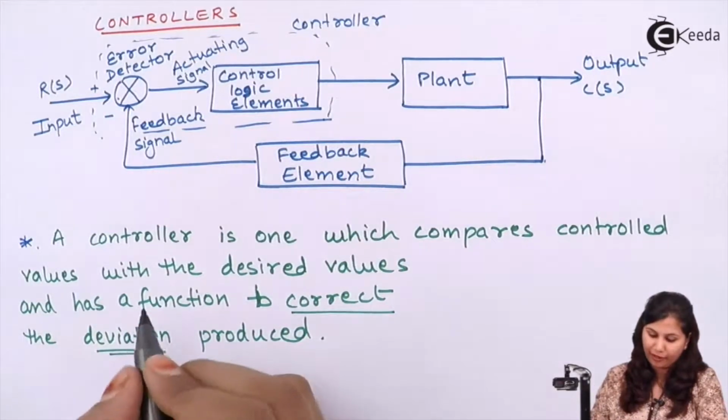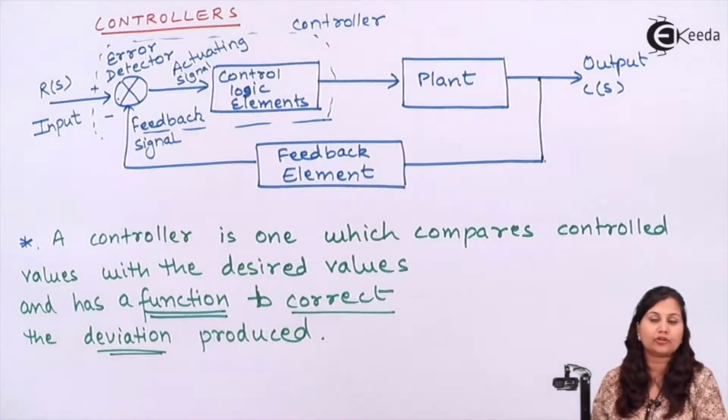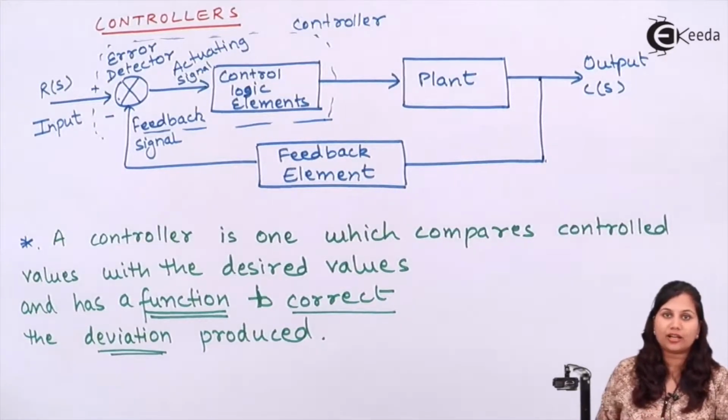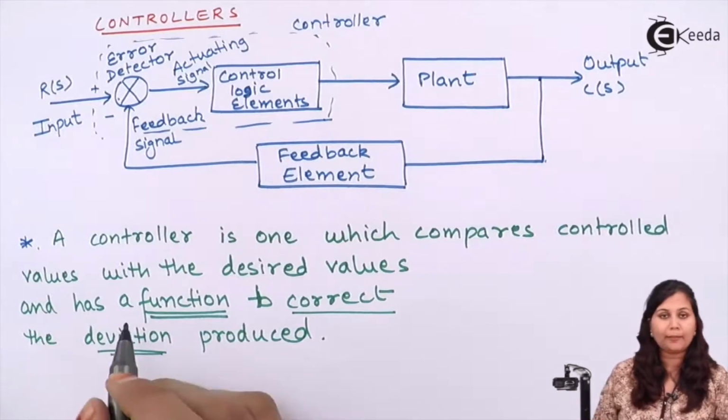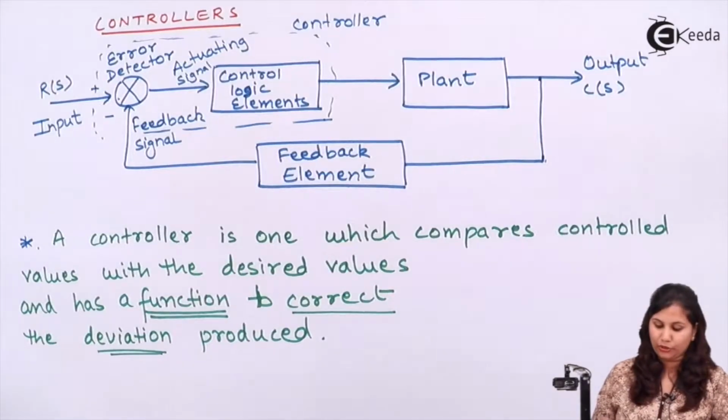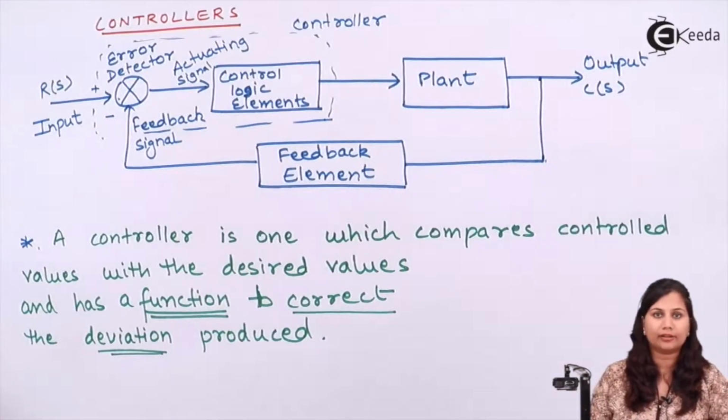This function can be different, so depending upon the function, there are various types of controllers. The controllers can be analog controllers or digital controllers, depending upon the function used to correct the deviation. So this is how we define a controller.